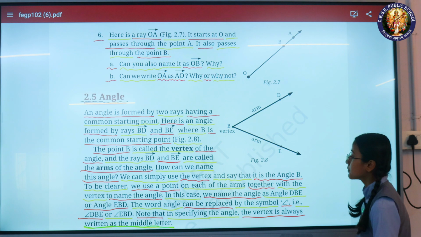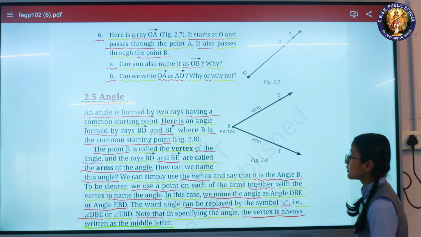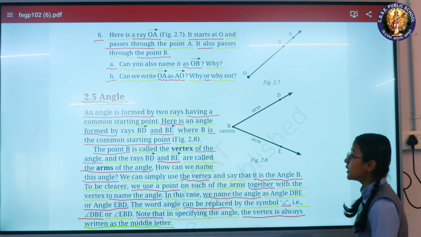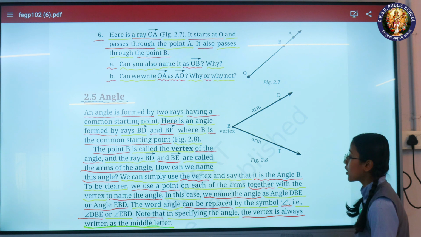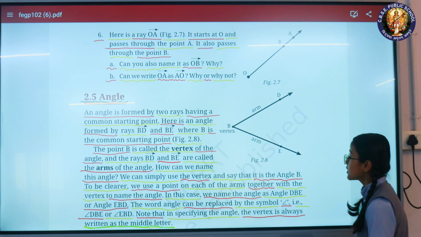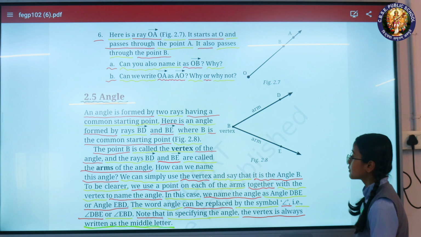Simply use the vertex and say that it is the angle B. To be clearer, we use a point on each of the arms together with the vertex to name the angle.